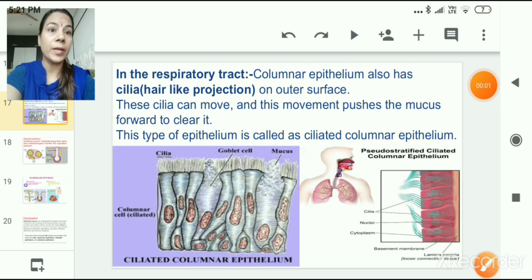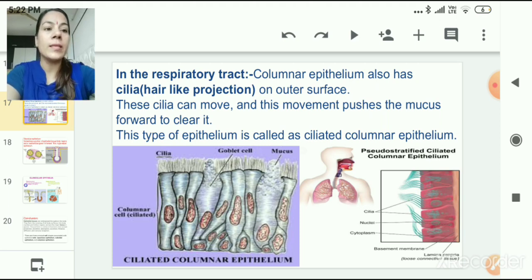In the respiratory tract, columnar epithelium also has cilia. Cilia are just hair-like projections present on the outer surface. These cilia can move, and this movement pushes the mucus forward to clear the passage. This type of epithelium is called ciliated columnar epithelium.